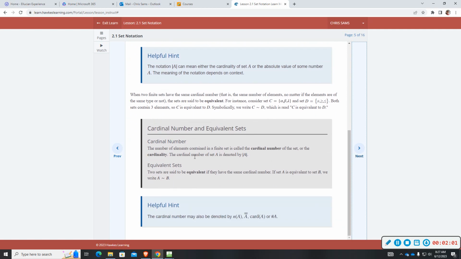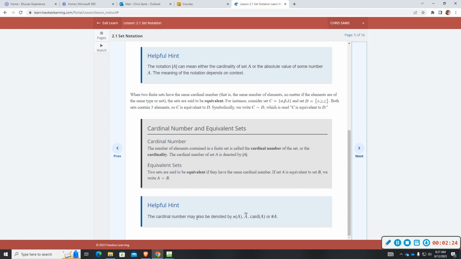And then here are some more definitions in mathematical terms as far as cardinality is concerned. And then we also have equivalent sets. So two sets are said to be equivalent if they have the same cardinal number. So maybe not exactly the same, but they have the same number of elements. And here's the notation for equivalent.